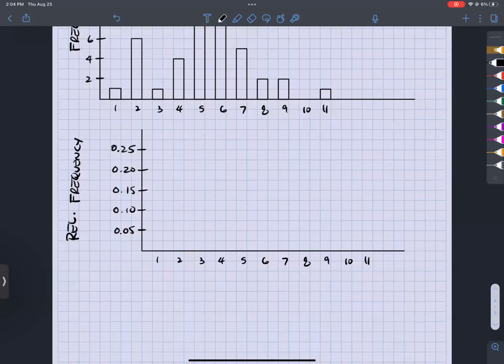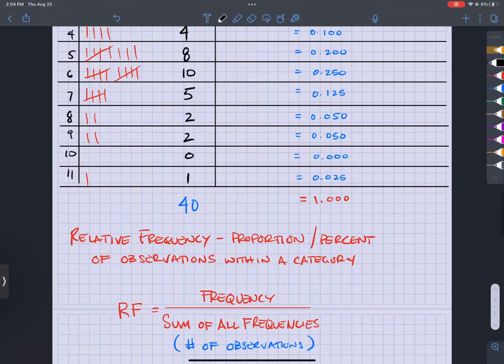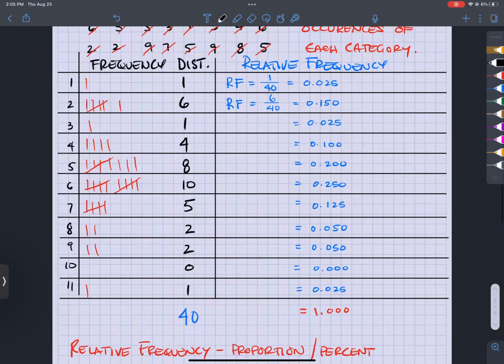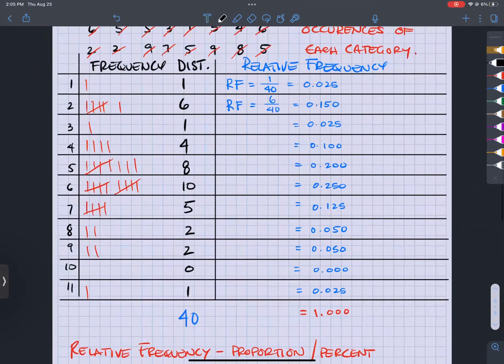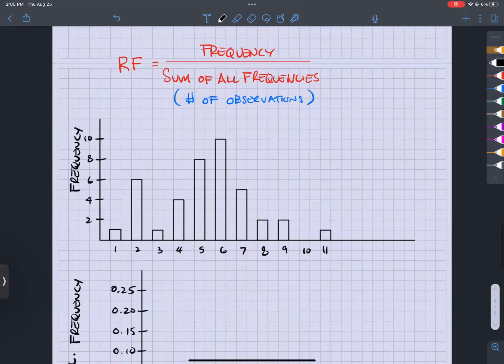Right, so I'm just changing the y axis to decimals. So what do I have here? 0.025.